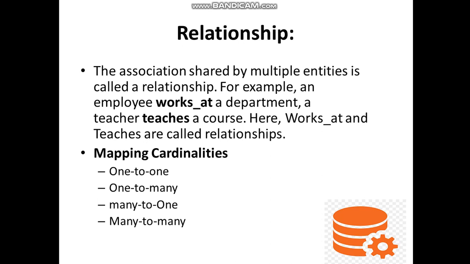For example, one college has many students. Next is many to one. Many to one means many students opt for one exam only. Next is many to many. Many students have many subjects. So these are my mapping cardinalities: one to one, one to many, many to one and many to many.